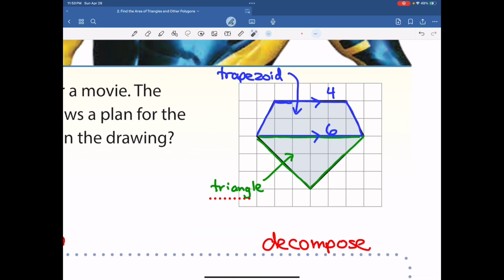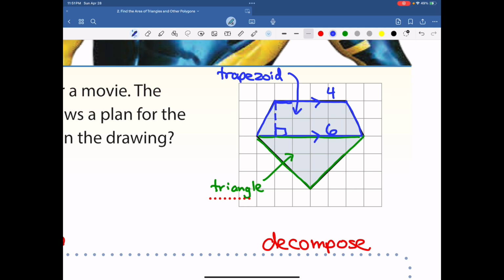So a convenient place to measure the height is starting from here. Pretend you're dropping a rock, and it will always meet the base at a perfect square corner. It is perpendicular. And there's a perfect square corner right here, so it meets that base at a perfect square corner as well. So let's draw the height.